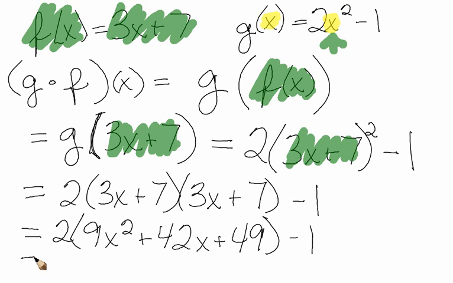All right, and way down here at the bottom, going to distribute the 2. 18x squared plus 84x plus 98, but it's going to be 98 minus 1. Okay, so 98 minus 1 would be 97. All right, great.